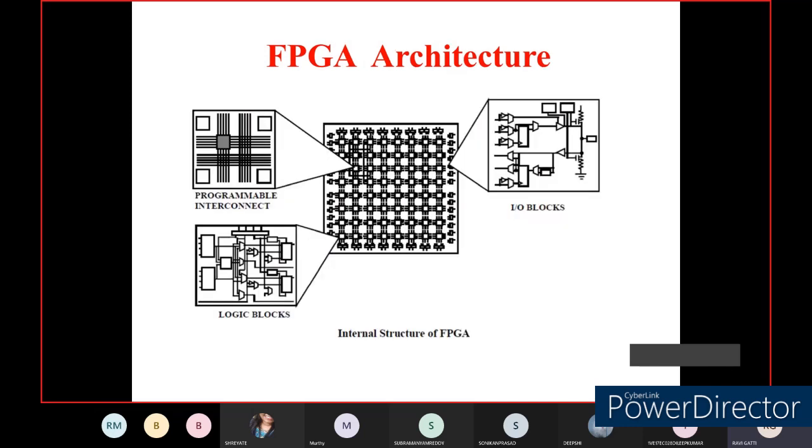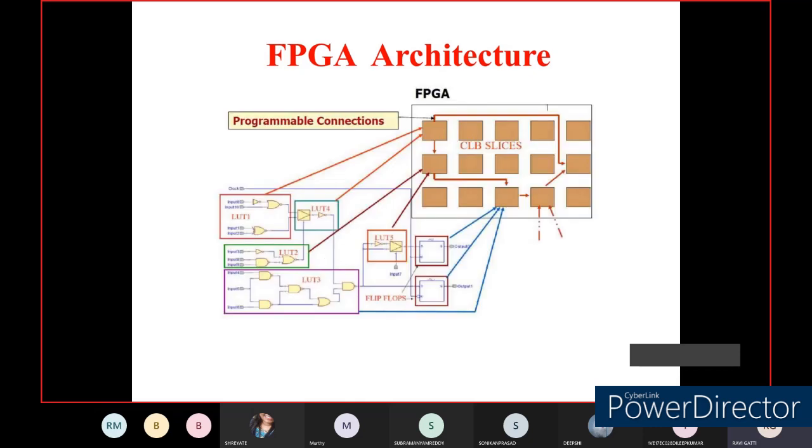In the previous diagram, we categorized the FPGA architecture into three important functional units: programmable interconnects, logic blocks and IO blocks. In this diagram, what is highlighted is how the logic blocks look and what their entities are.